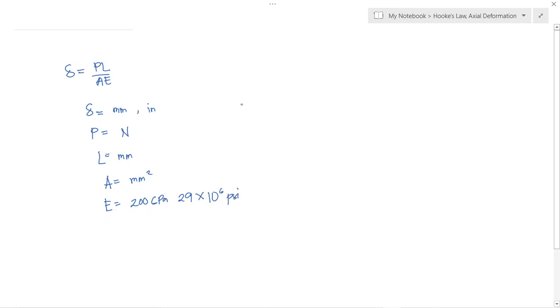So ngayon, ang technique lang dyan, class, is, let's say, nagsosolve ka na. So ang target mo is to get the value of the deformation in millimeter. You have P, Newton, multiplied by length in millimeter, divided by A in square millimeter. Now, ang gigapascal is times 10 raised to 9 Newton per square meter, di ba?